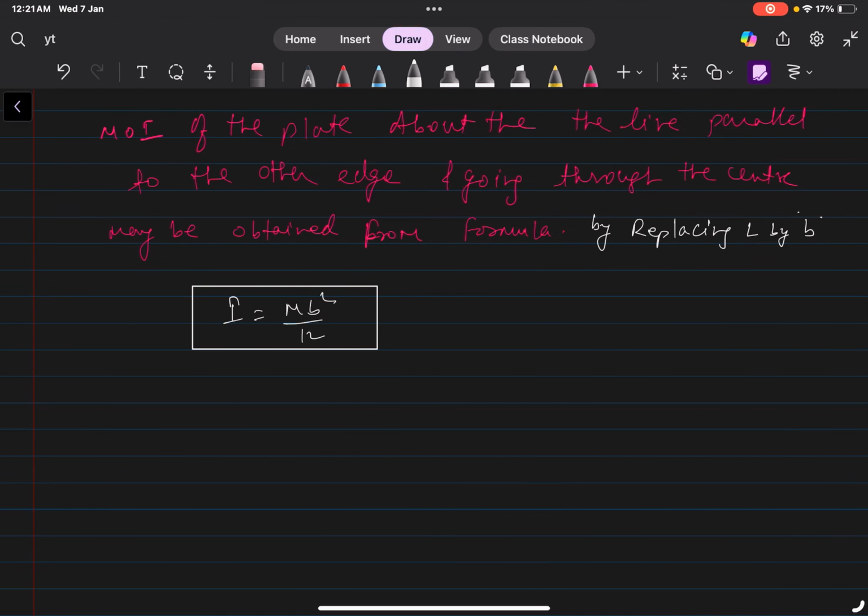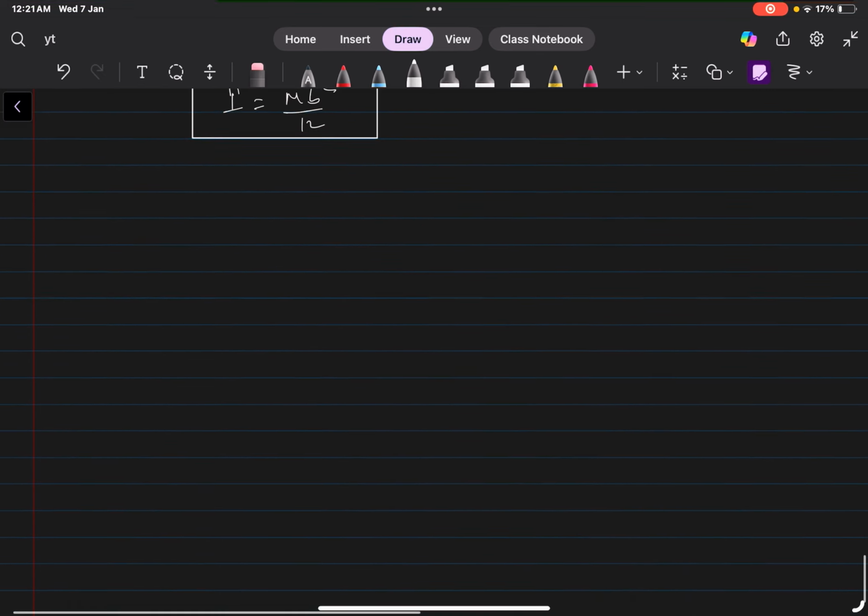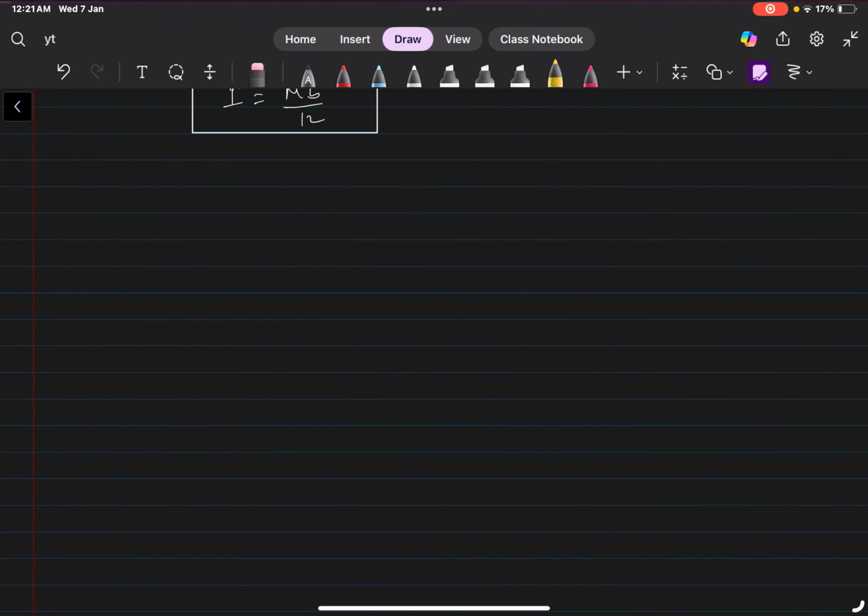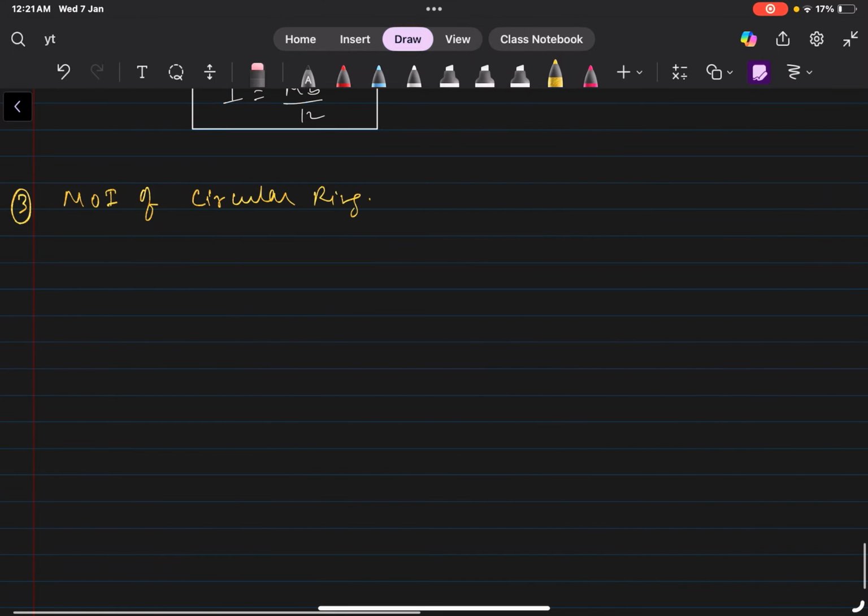Okay. Now when we are talking about the next part, the moment of inertia of a circular ring. So what is the moment of inertia of a circular ring? The next third point is the moment of inertia of a circular ring about its axis.